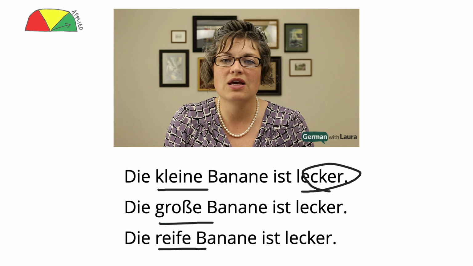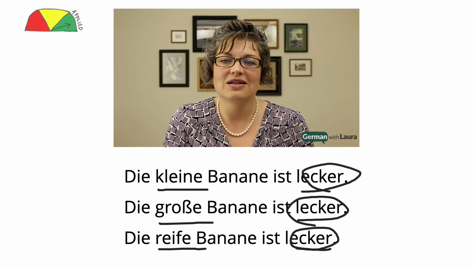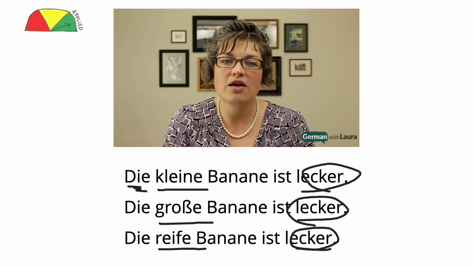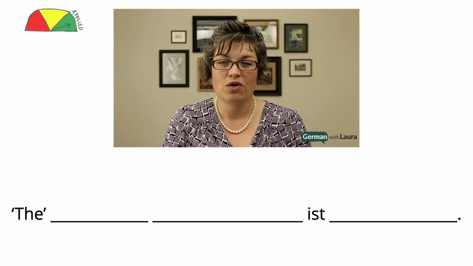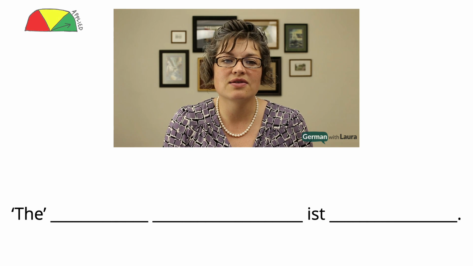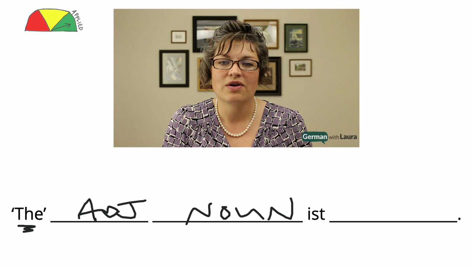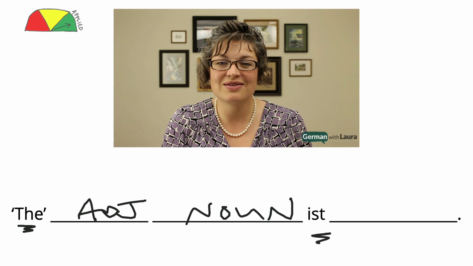We have not only the ones at the end of the sentence, but we also have one in between the word the and then the noun itself. So that the formula looks like this. The, and then adjective, whatever noun, the word ist for is, and then another adjective.